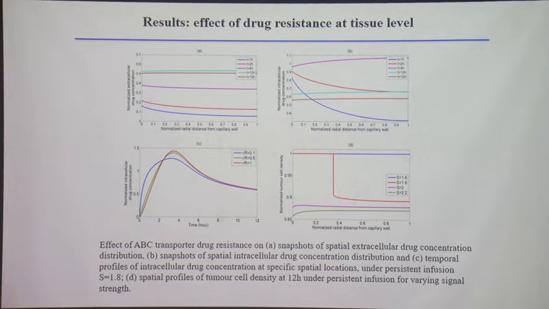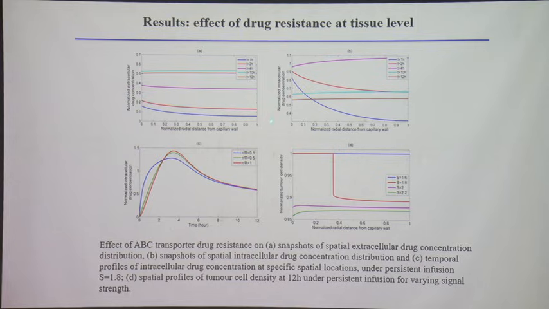Now, this is the normalized radial distance from the capillary wall. In other words, the closer to the capillary wall, because here the drug is transported from the capillary and then along the radial direction through the tumor tissue.